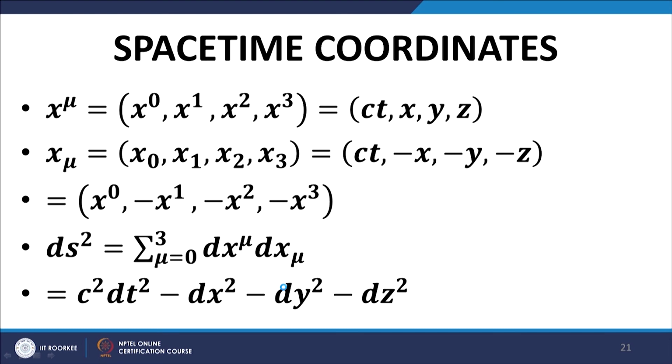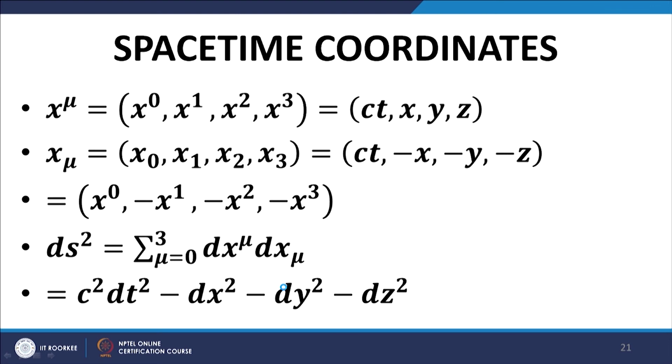So clearly we have x0 contravariant equal to x0 covariant, x1 covariant equal to minus x1 contravariant, and so on. And the interval in this notation is given by dx mu, summation over mu.